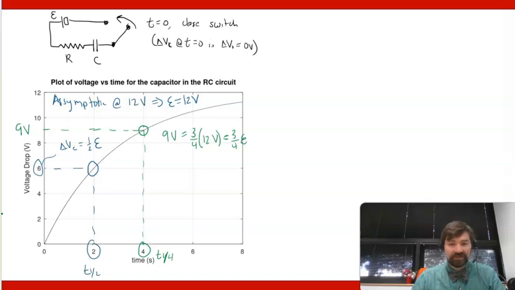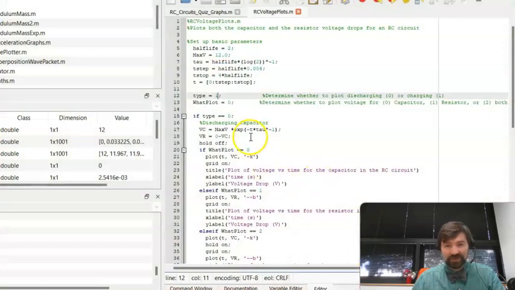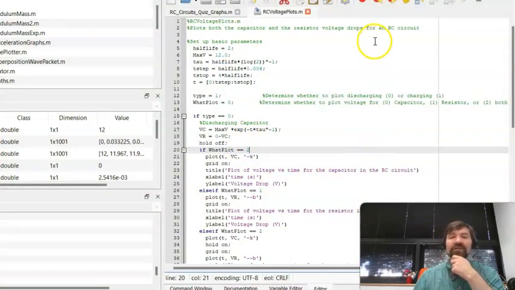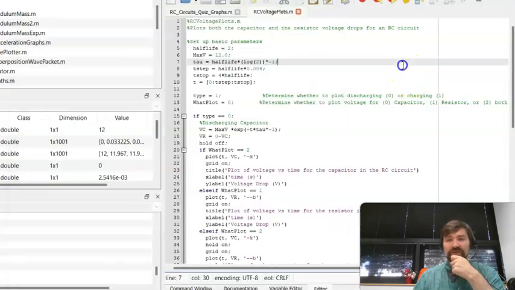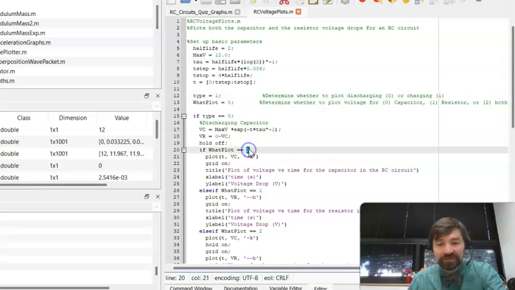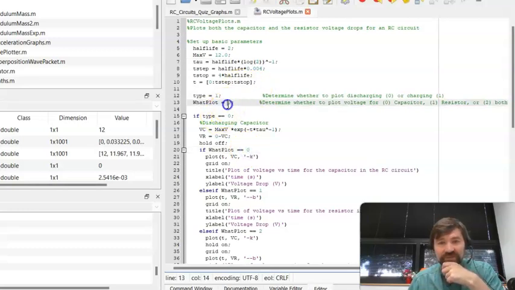capacitor. Again, if I were to go into this program and replot, instead of plotting just the capacitor voltage drop, if I add in the voltage drop for both, whoops, I messed up where my line is that I needed to change though. It's that one.